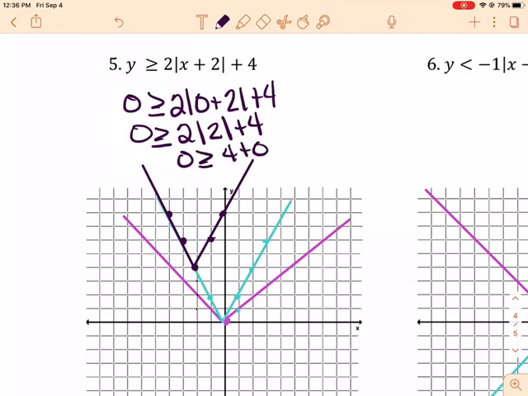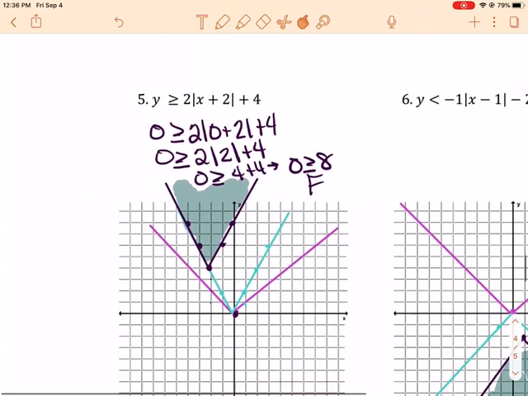So 0 is greater than or equal to 4 plus 4. So 0 is greater than or equal to 8. Well, that's false, which means don't color where 0, 0 is. So here's 0, 0. Color the other side, which means we're going to color inside our little V's.